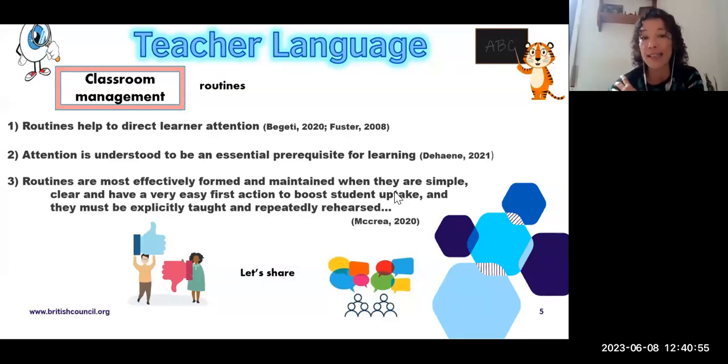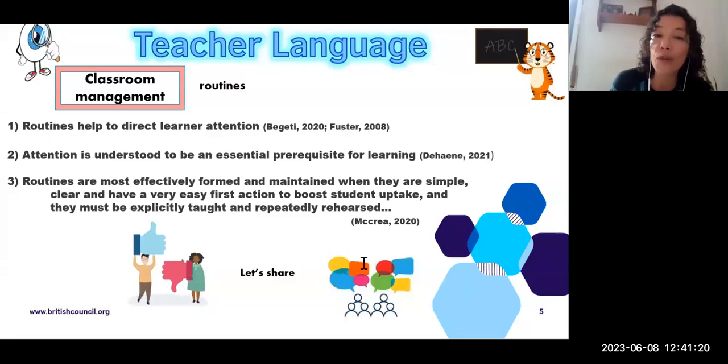Routines are most effectively formed and maintained when they are simple, clear, and have a very easy first action for learners to uptake. And I think the key here as well is it talks about they need to be explicitly taught and rehearsed. What do we feel about that? Of course, we've got yes, yes, and the thumbs up. Okay, great.